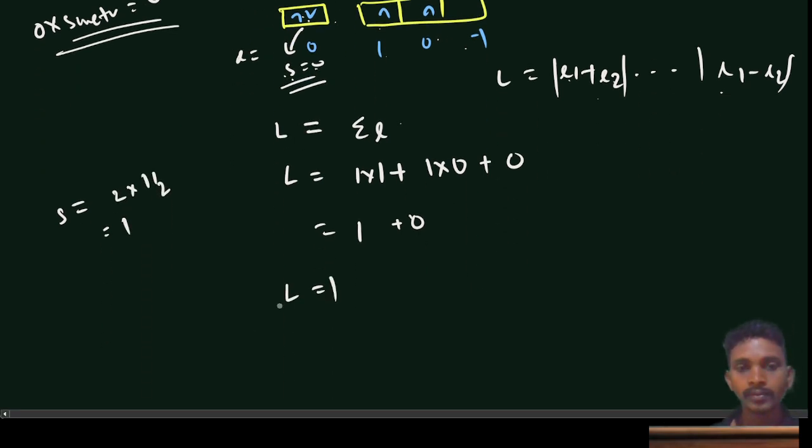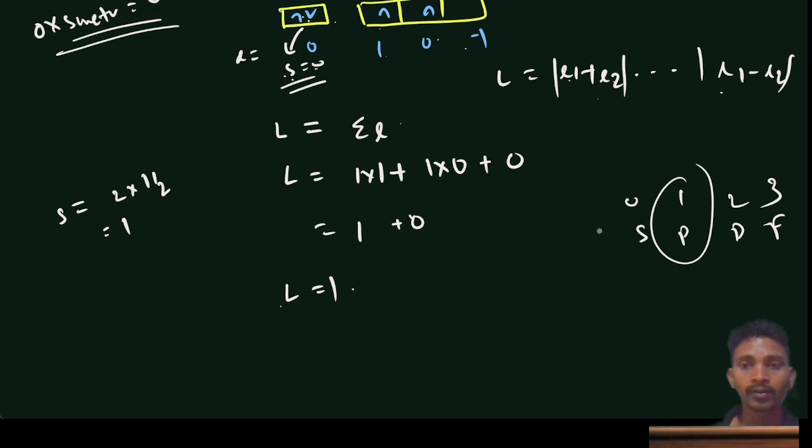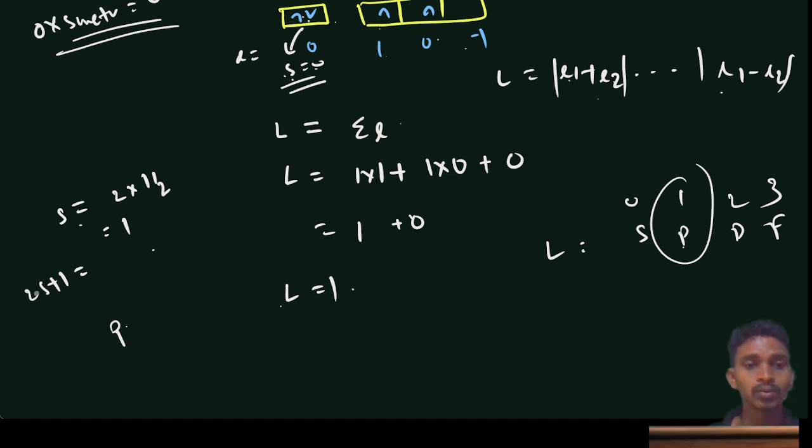So l is 1, then s p d f is 0, 1, 2, 3, so p is 1. If the l value is 1, then that is p, and s is 1, so 2s plus 1 is 2 into 1 plus 1, that will be 3.